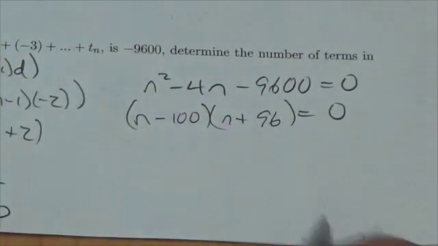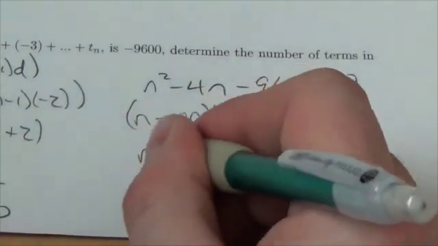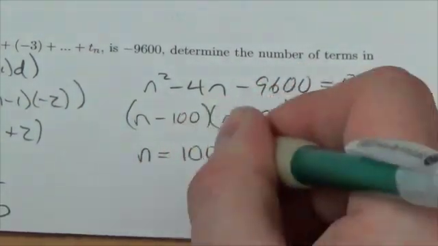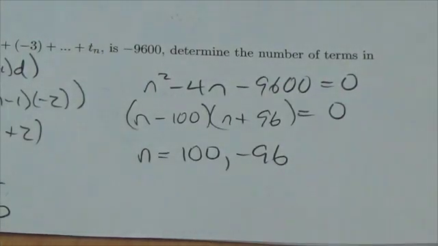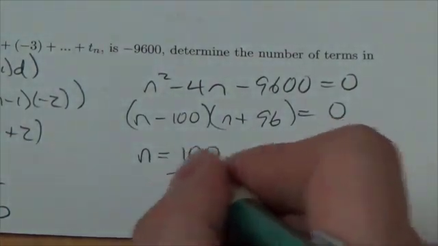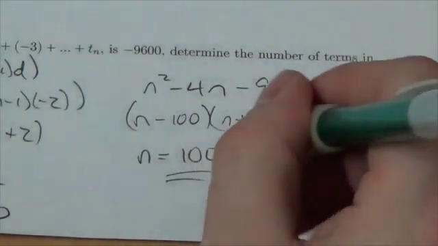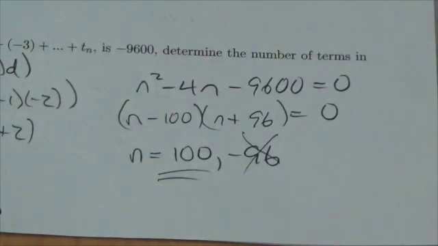Whenever you see those two zeros, that's a pretty safe guess. So either n is equal to positive 100 or it's equal to negative 96. Well, negative doesn't make any sense in this context because we don't count terms that way. So it turns out the number of terms in this sequence has got to be 100.